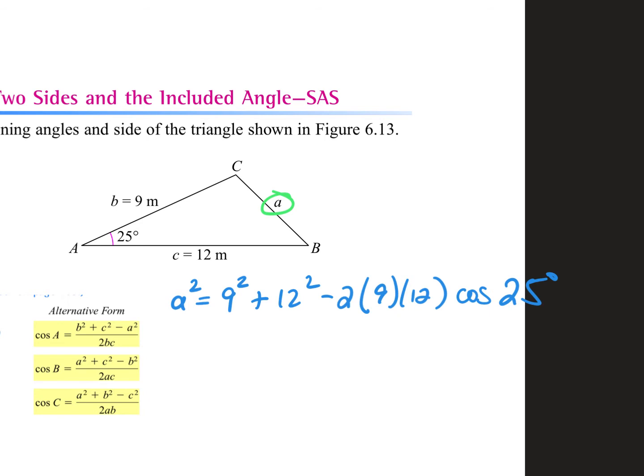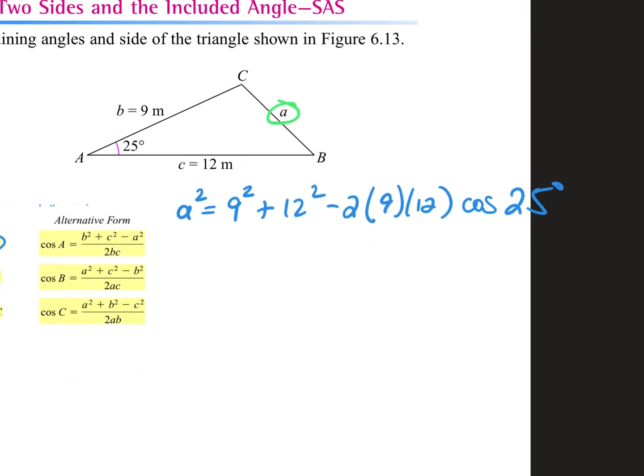Now, some of you are going to want to try and do everything in the calculator in one step. Some of you will be able to, some of you will not. I suggest you just take your time, simplify as you go. I would do the first part. What is 9 squared plus 12 squared? 81. All right, 81 plus 144 minus what is 2 times 9 times 12 times the cosine of 25?